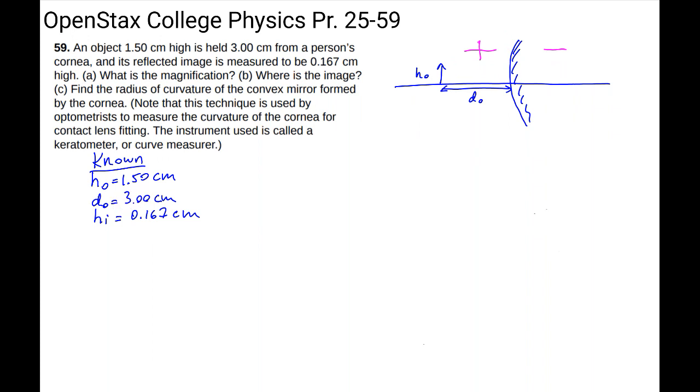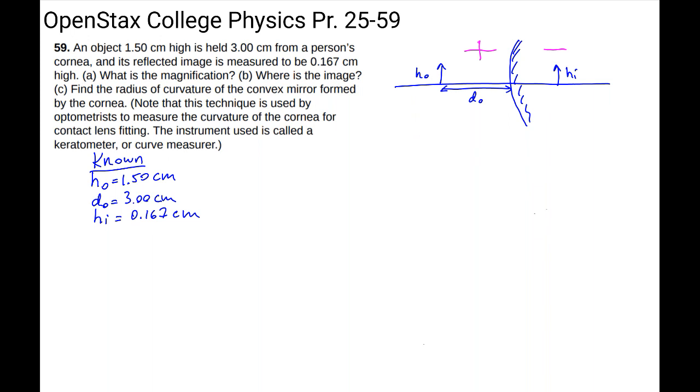So let's think about it. We know that in a convex mirror, images are virtual. So that means that they are formed behind the mirror. They're over here. The other thing that we know is that virtual images are upright. So my image is on the other side of the mirror and it's upright. So indeed, the positive sign here is correct.